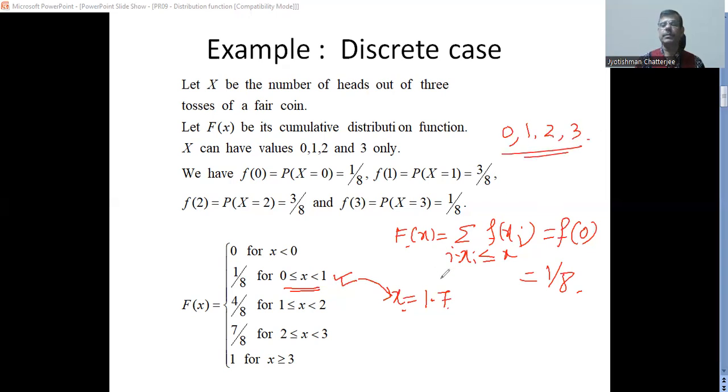Among these, only 0 is less than or equal to 1.7. So we will be adding up only f(0), because 0 is the only number satisfying this, and that is nothing but 1/8.